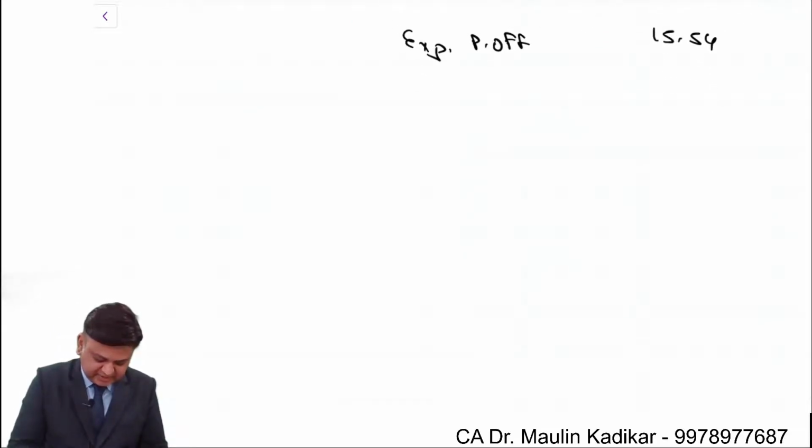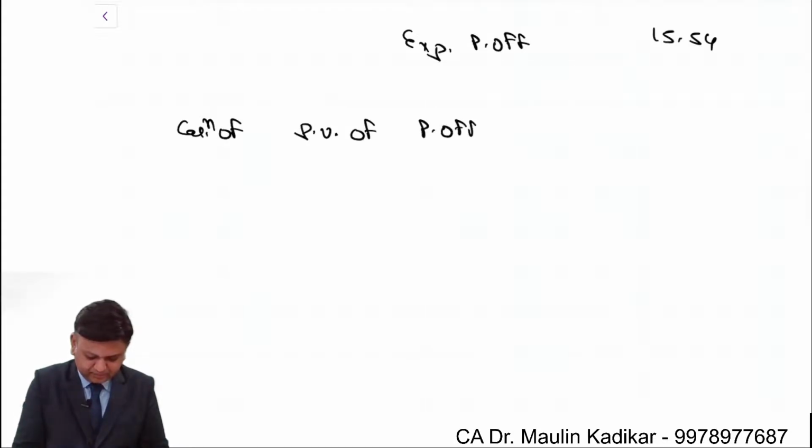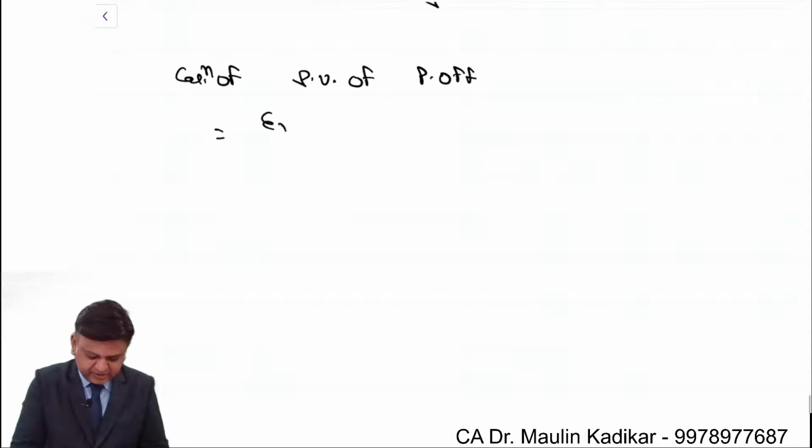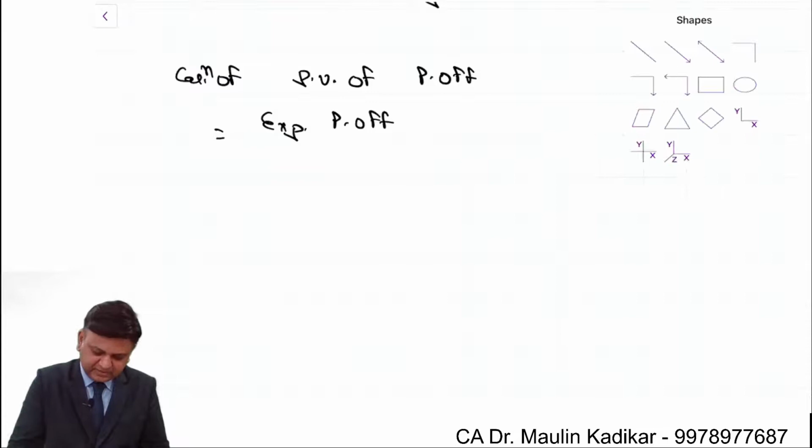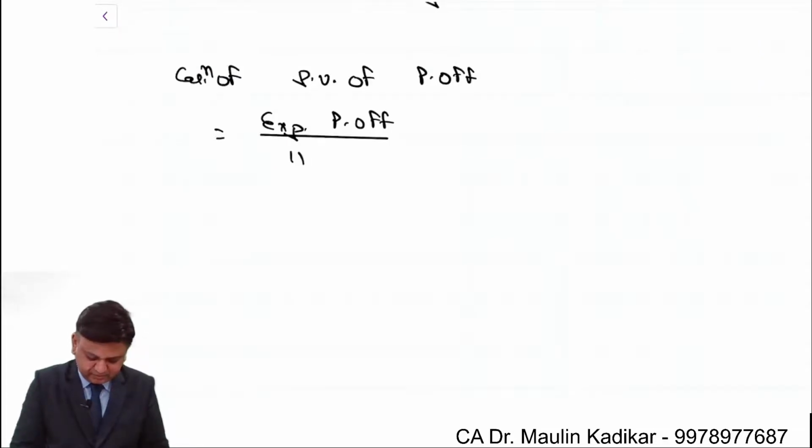Now we understand that it's a calculation of the present value of the payoff. It is the expected payoff divided by 1 plus RF.